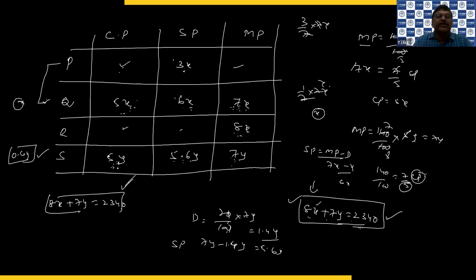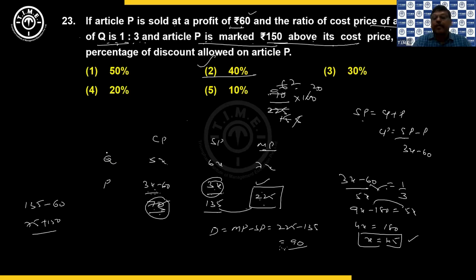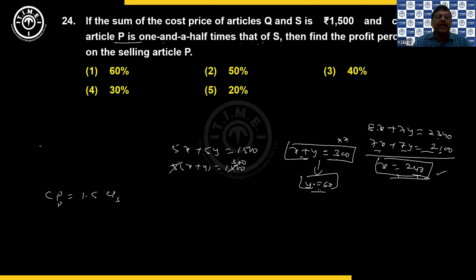Cost price of S is 5y. Y is 60, so cost price of S is 5 into 60, 300. If cost price of S is 300, cost price of P will be 1.5 times of 300. Cost price of P will be 450.